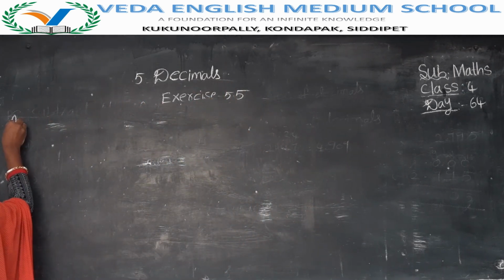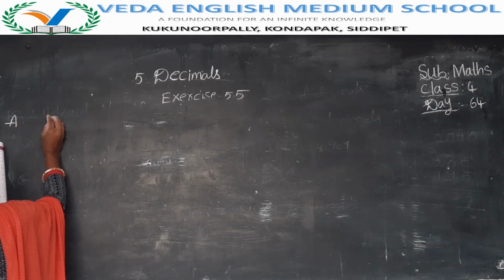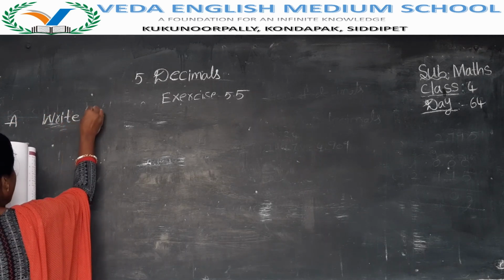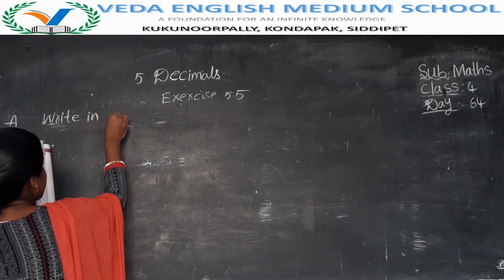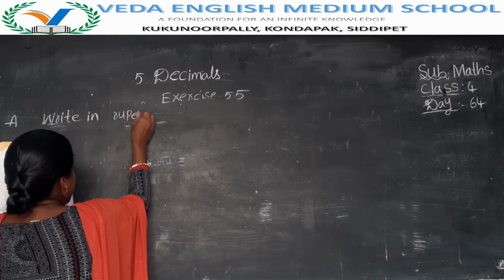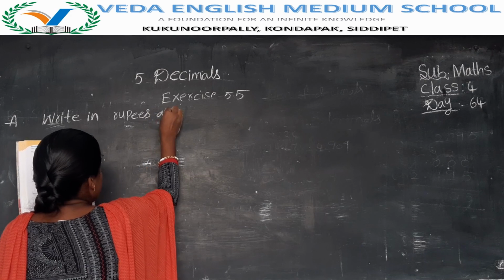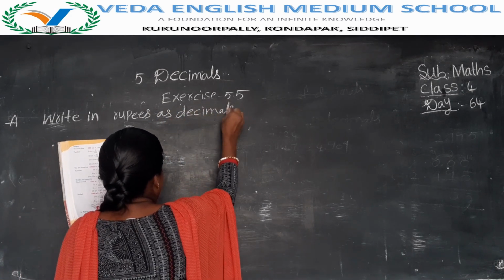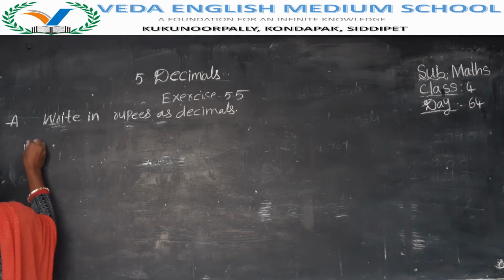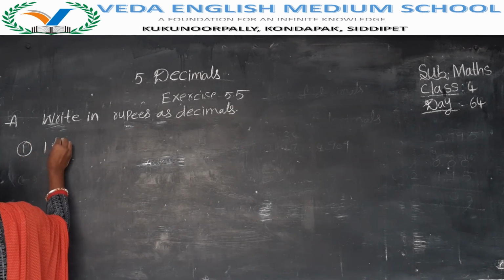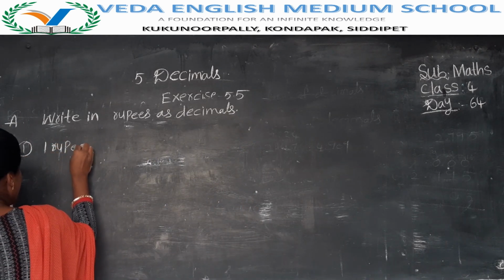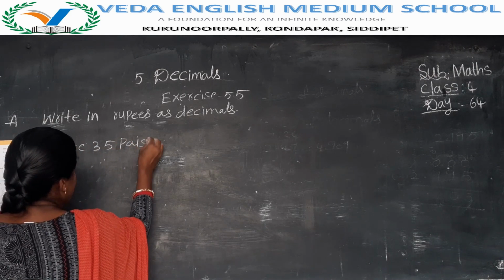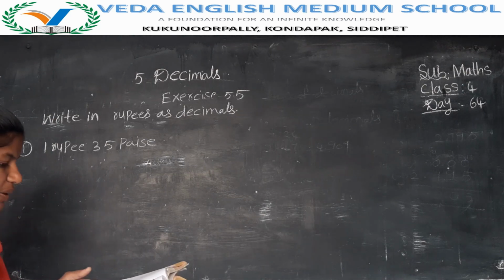First bit, write in rupees as decimals. First question: 1 rupee 35 paisa.